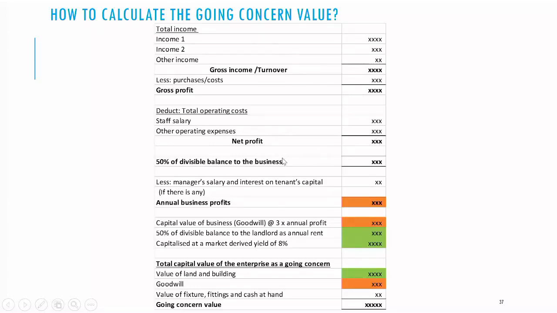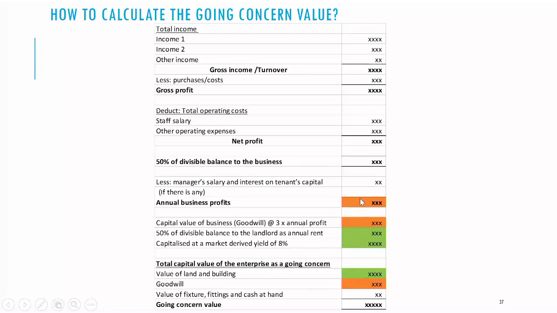From the net profit, 50% goes to the landlord as rent, and the remaining 50% comes to the business. That's the divisible balance, right? So from here onward, you can calculate the business profit. Now you can calculate your salary, because that's your profit. The tenant subtracts his salary, then the annual business profit after all his deductions.